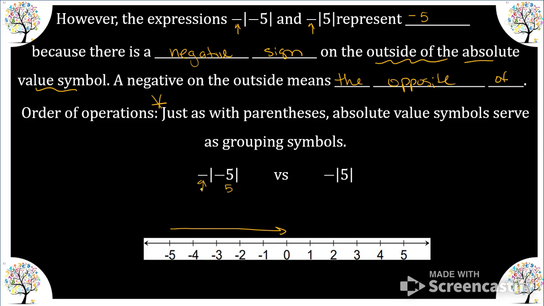But now we are asked to take the opposite sign of that, which becomes negative 5. Again, if we are asked to find the distance that 5 is back to 0, we get 5. But this means take the opposite of that answer, which is going to change this positive into a negative.